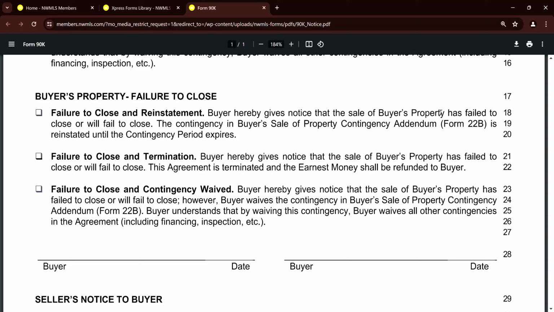They got financing, they figured out a way to still buy the home without the contingent sale. So you would give this notice, but it is dangerous because once you're staying in the deal and that sale contingency goes away, you've got no more protections at all.